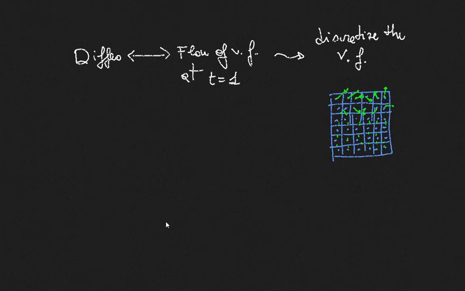And the metric is usually something which is Gaussian, because you would like to measure small deformations of your image.